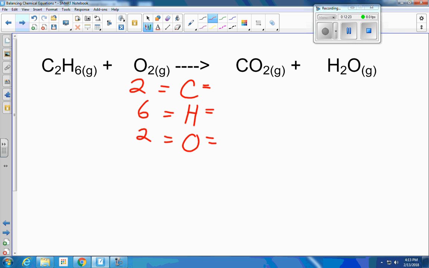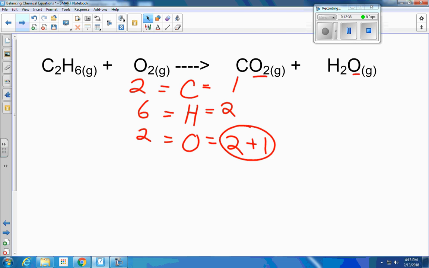On the product side, I have 1 carbon, 2 oxygen, 2 hydrogen, plus 1 more oxygen. So I'm going to balance oxygen last. So if we take a look, I should start with hydrogen. I have 6 hydrogen on the reactant side. I need 6 on the product side. So 3 times 2 gives me 6.